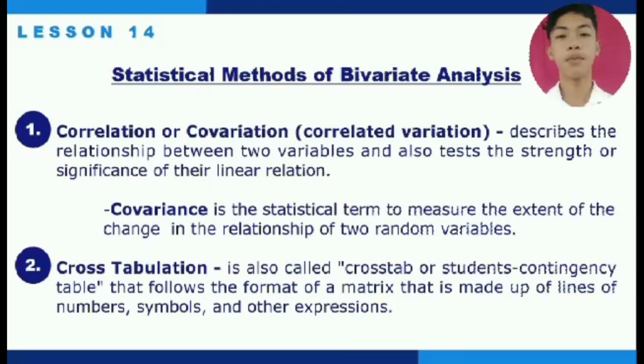Similar to one type of graph, it is called a table. A matrix arranges data in rows and columns. By displaying the frequency and percentage distribution of data, a crosstab explains the reason behind the relationship of two variables and the effect of one variable on the other variable.